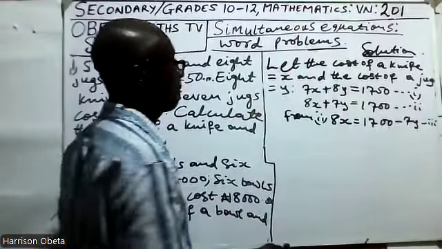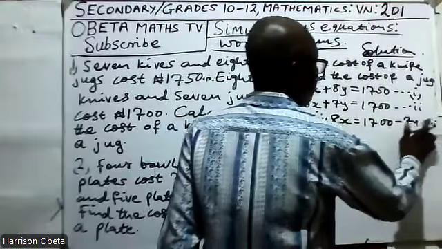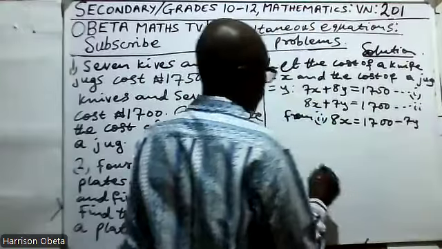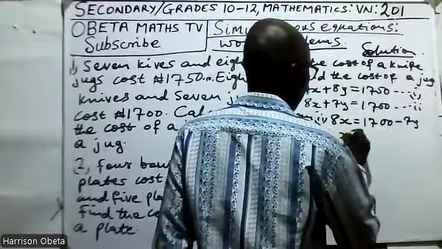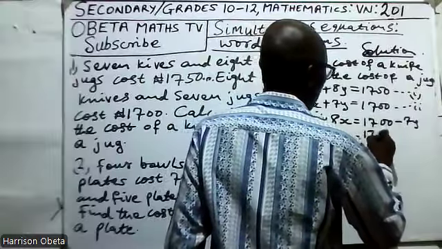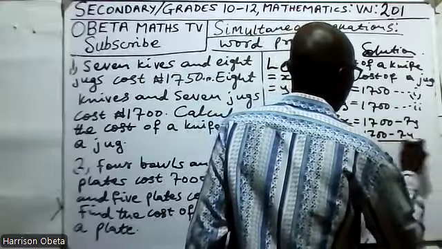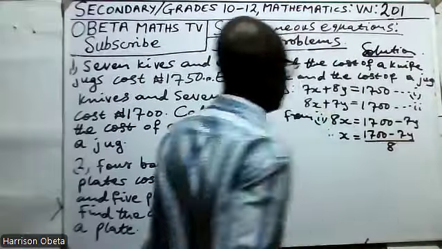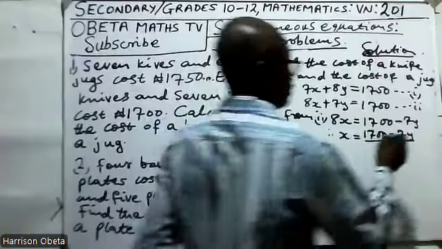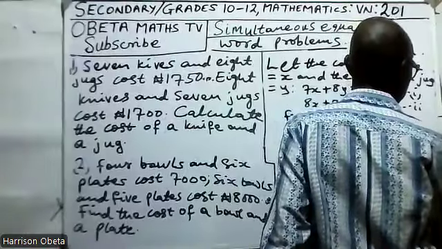Therefore x equal to 1,700 minus 7y all over 8. So it is this one we call equation 3.